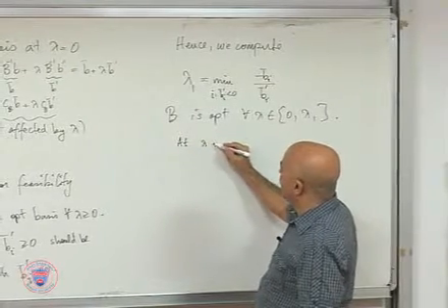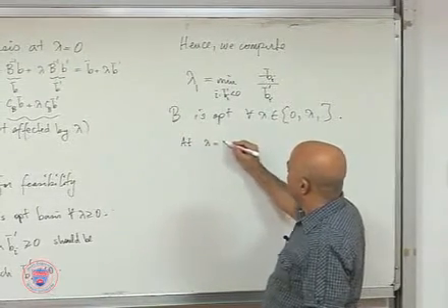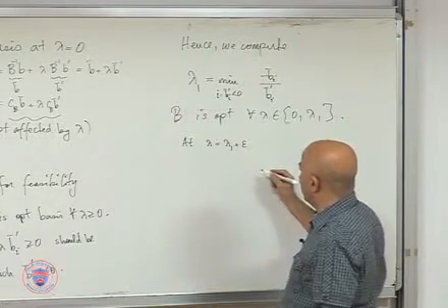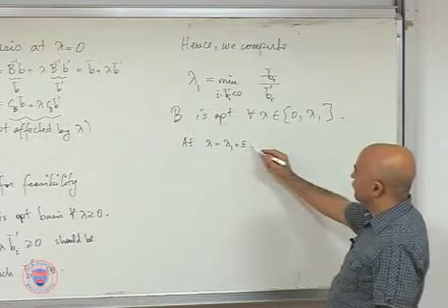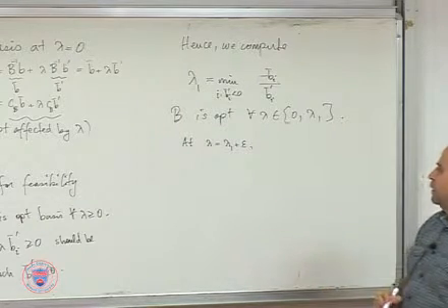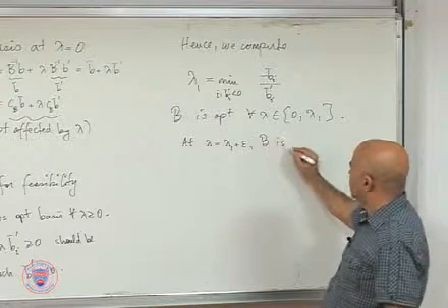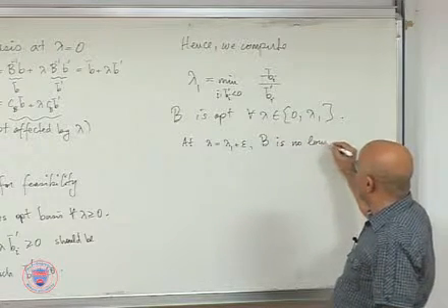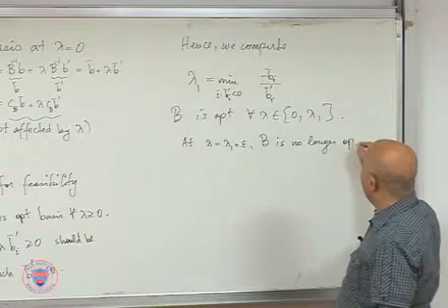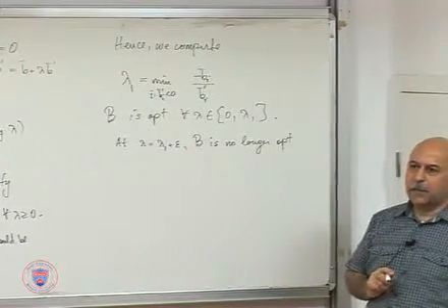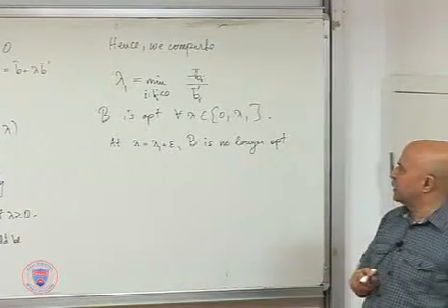At lambda equals the first value plus some epsilon, B is no longer an optimal basis because somebody loses feasibility.